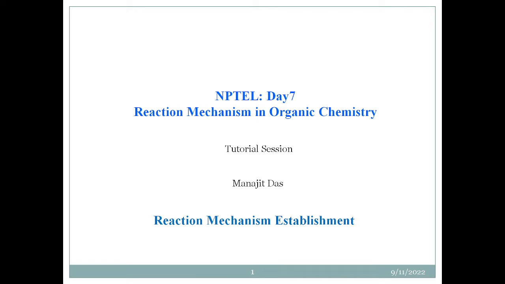So basically you cannot establish a mechanism by saying that this is the mechanism. You can only do this by saying that those mechanisms are not possible, hence this is the mechanism. Again I am repeating, you cannot say this is the correct mechanism. You can only say that other mechanisms are wrong, so this is the most probable mechanism. This is the important point.